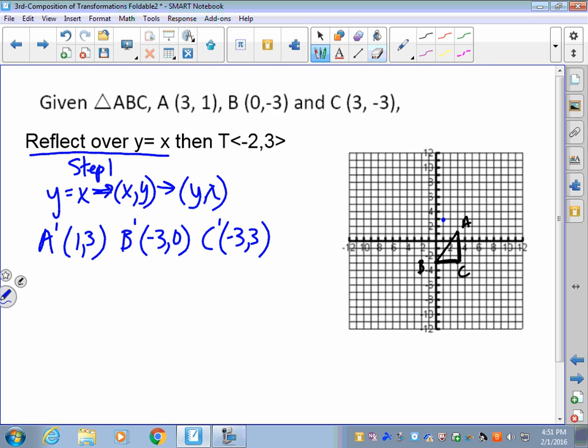A prime, negative 3, 0, negative 3, negative 3. Where did I mess up?